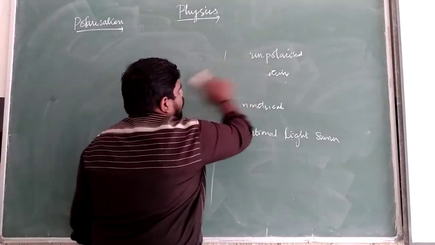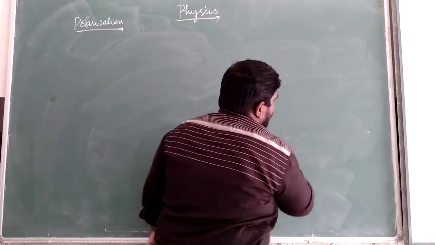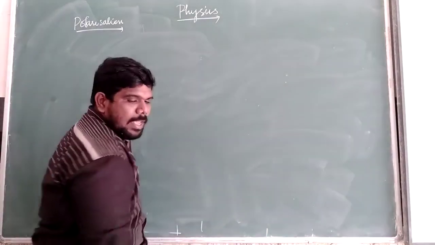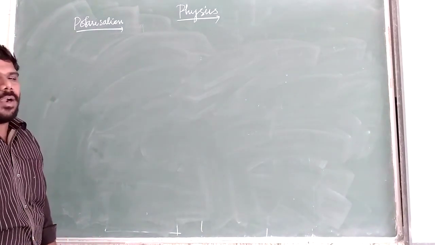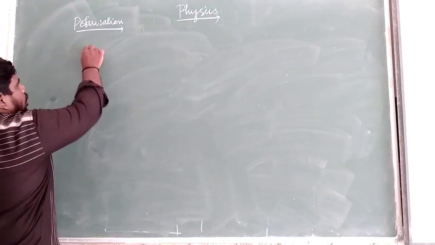Now, how can polarized light be obtained? Polarized light can be obtained by converting unpolarized light by selective techniques. What are the techniques?